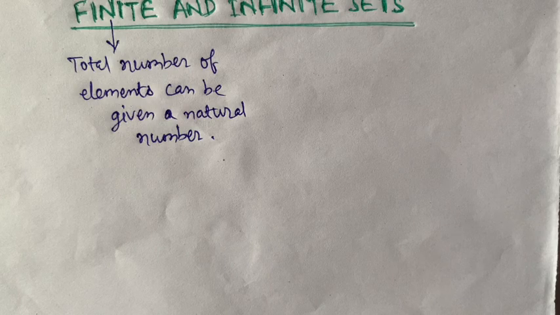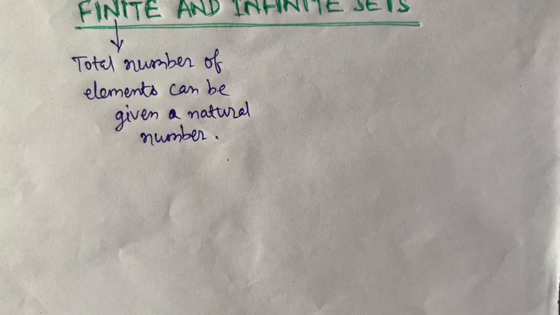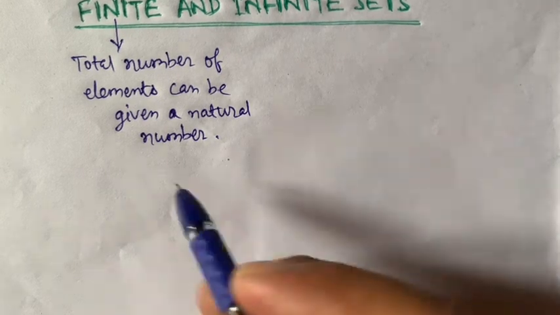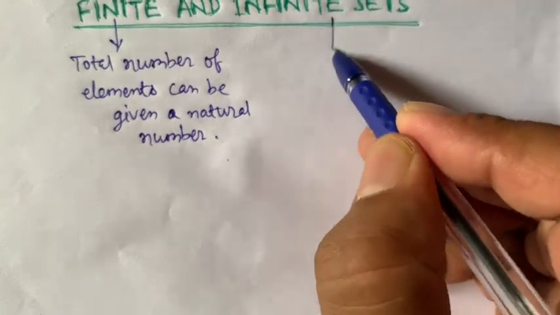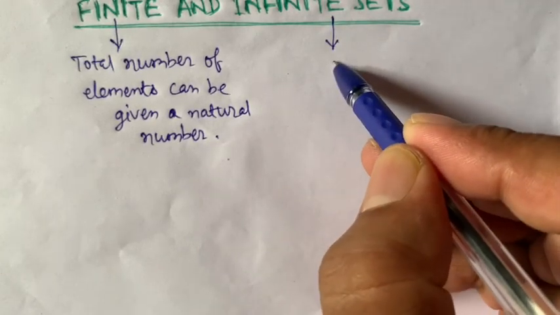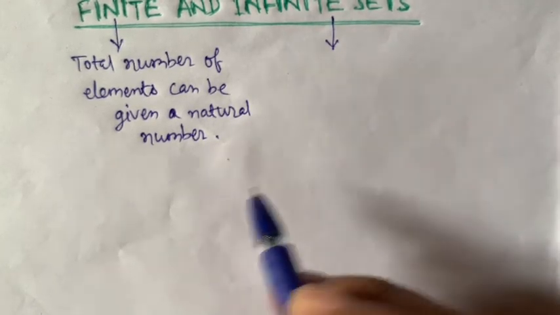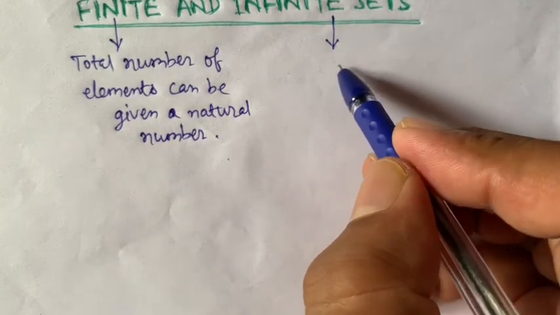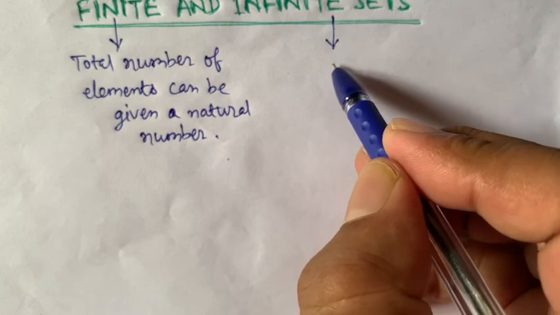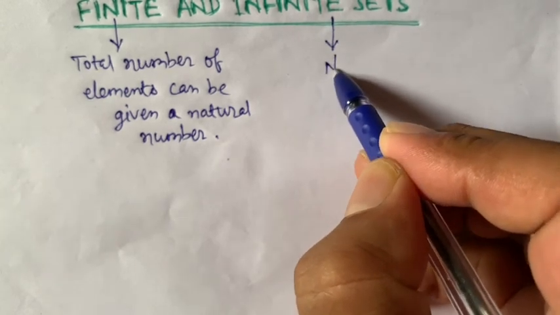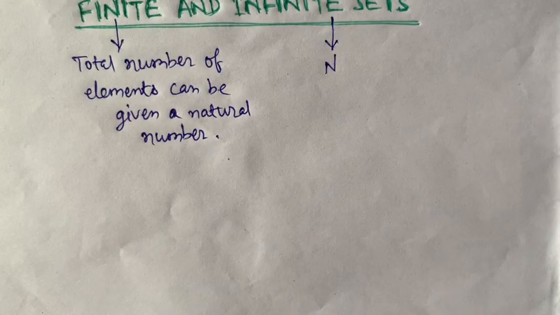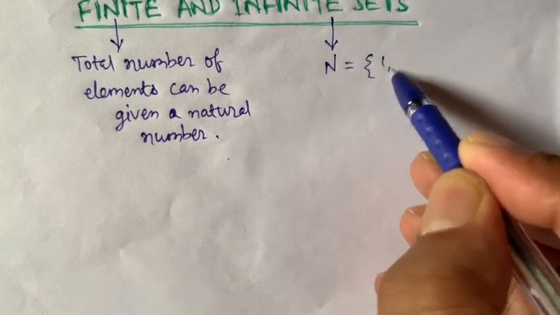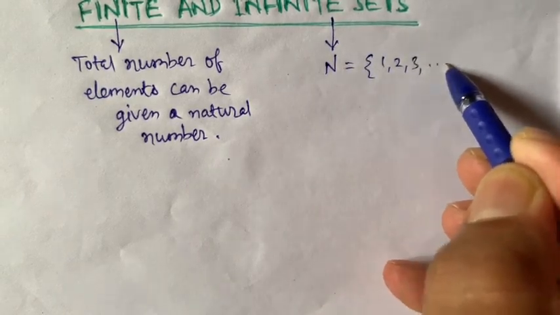So for a finite set, the total number of elements can be given a natural number, and for an infinite set, we cannot assign any natural number for the number of elements of this set. For example, let us consider the set of natural numbers: 1, 2, 3 and so on.